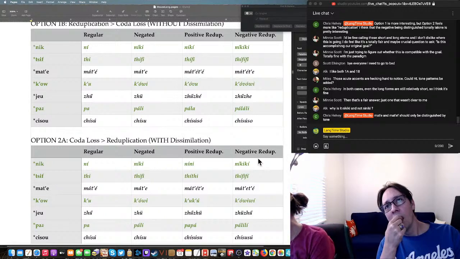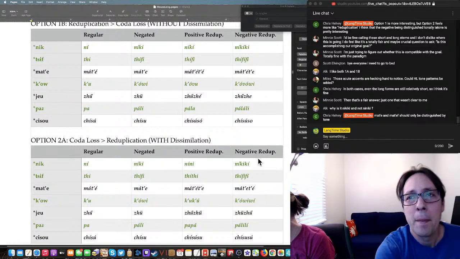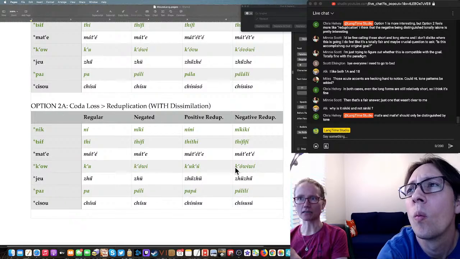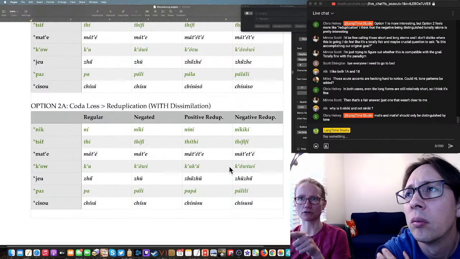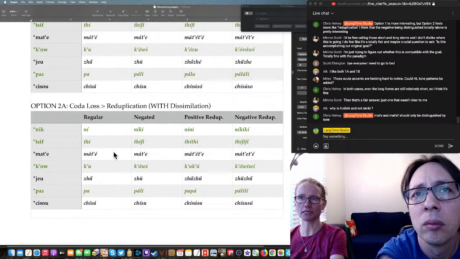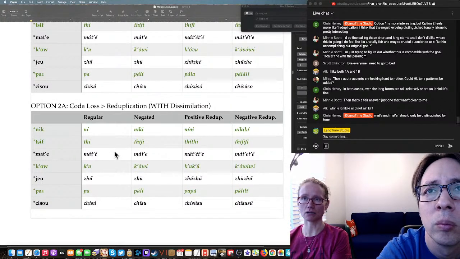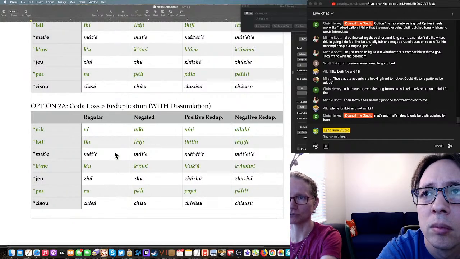Just a second. It is. You're right. Yes, you're right. Okay. Versus here, what we're doing, because the codas have already been lost, is we're basing the negative reduplication on the negative form, not on the positive reduplication form.